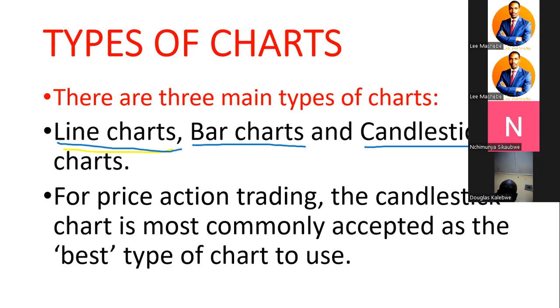So amongst these 3 types of price charts, the line chart, the bar chart, the candlestick chart, when you ask which kind of chart we can recommend, we are simply saying the candlestick chart, especially when you are a price action trader and want to understand the behavior of the market very well, the price movement.